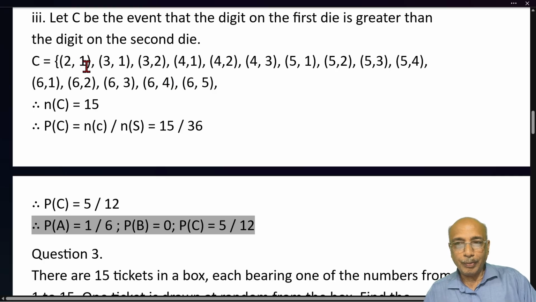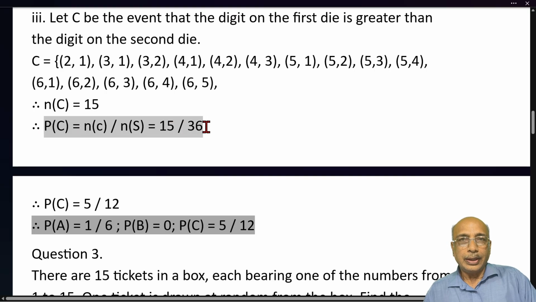First 2 and below it 1, 3 and below it 1 and 2, 4 and below it 1, 2, 3, 5 and below it 1, 2, 3, 4, 6 and below it 1, 2, 3, 4, 5. Like this, numbers are taken. So N of C equals 15. Now what will be the probability of C? P of C equals N of C upon N of S equals 15 by 36.